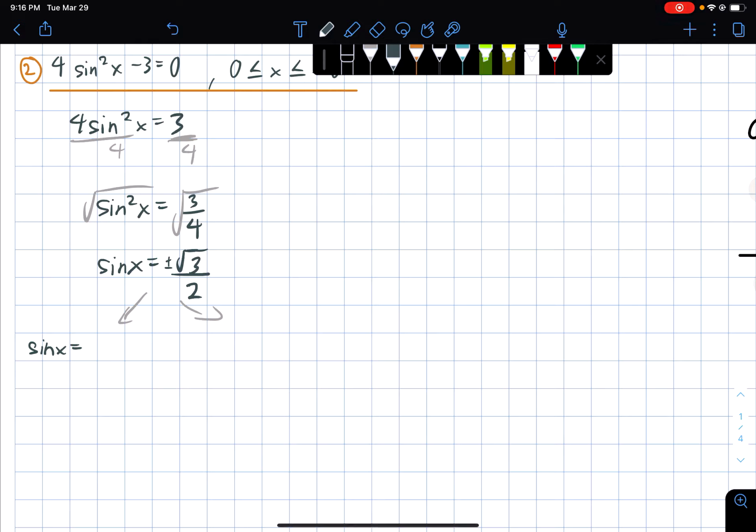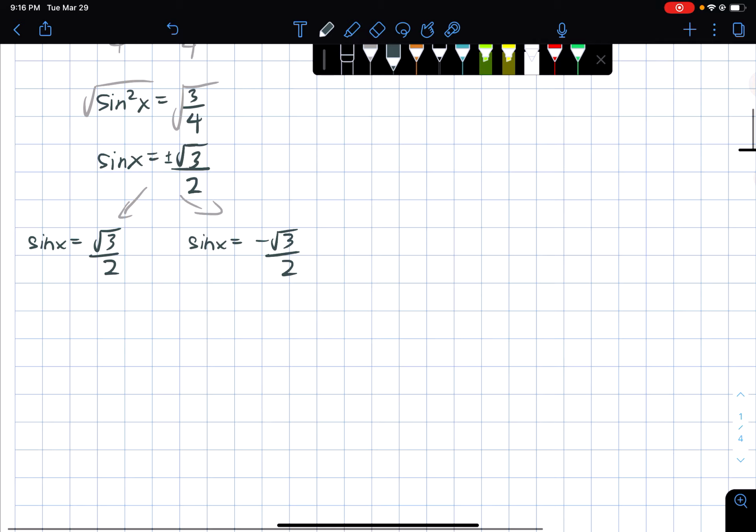Sine x is equal to square root of 3 over 2. Then the other one is basically the same but with a negative. Now, of course, we have to find the arc sine of these two values.